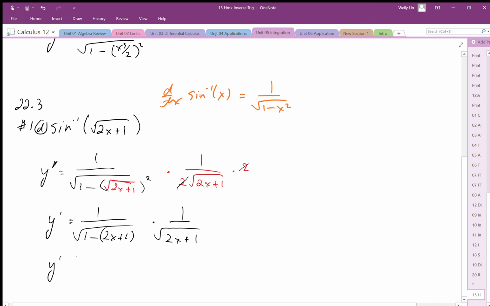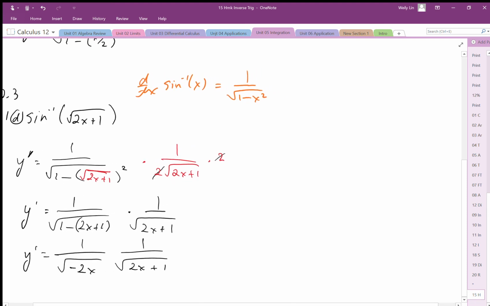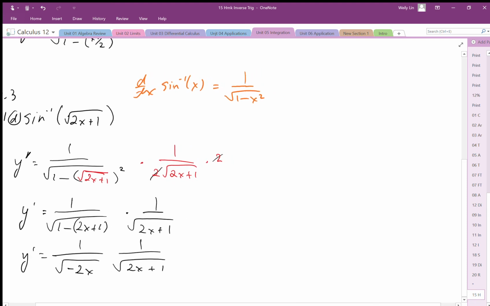Okay, so just simplify that a little bit more. I'm just going to leave it like that. Well, I suppose we could just multiply it in. It's going to be square root negative 4x squared minus 2x. Okay, so there's our derivative function.